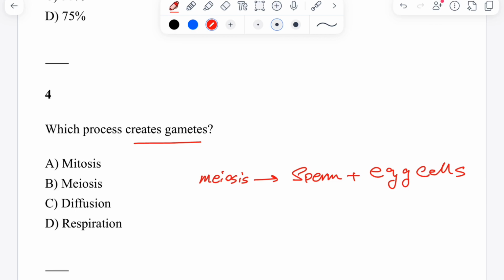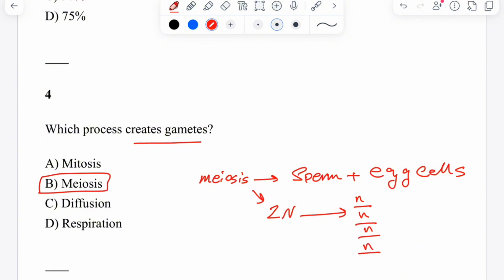And in meiosis, 2n converts to 4 gametes with n chromosomes.